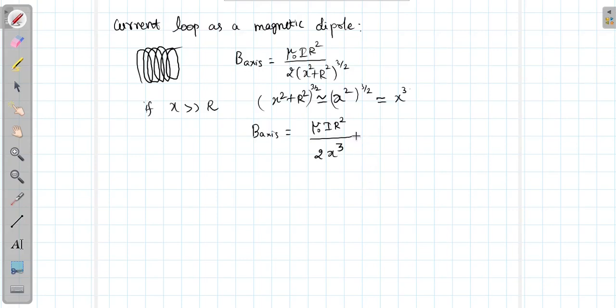And one thing you do, multiply and divide the equation by pi. The upper part becomes mu naught I pi r squared divided by 2 pi x power 3.